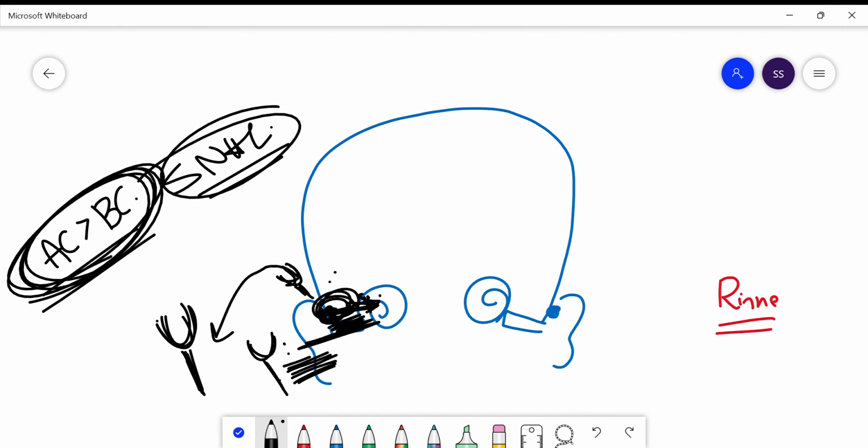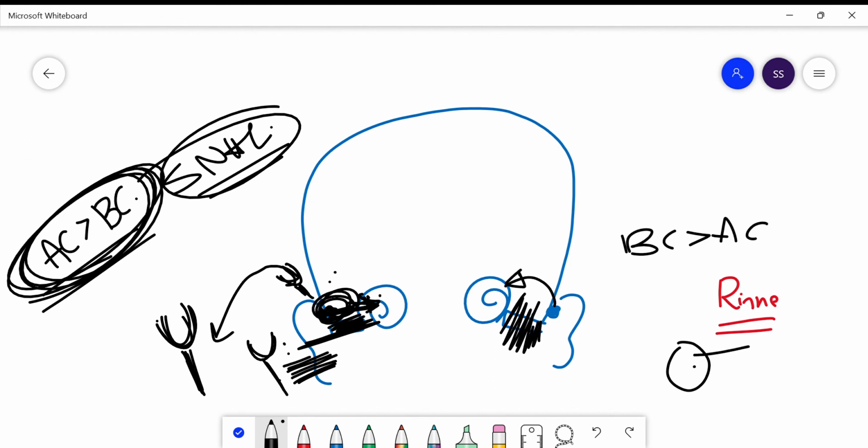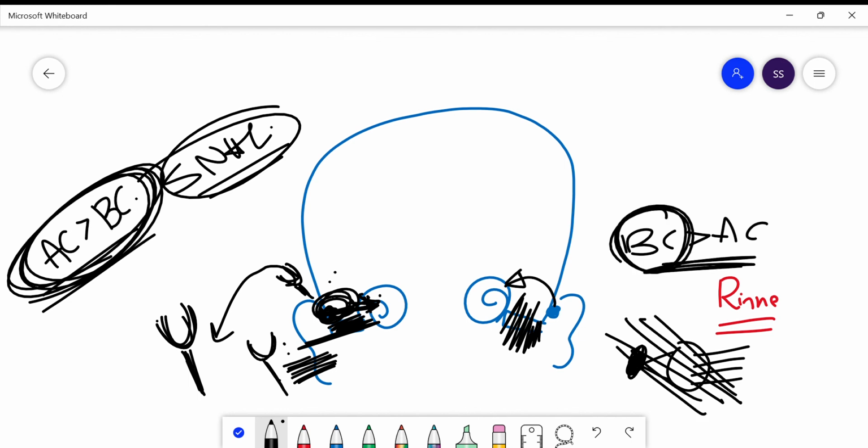But when the person has conductive hearing loss, bone conduction is going to be better, and air conduction is going to be not so good, and that effect of the sound waves hitting the tympanic membrane and then concentrating everything onto the oval window is gone, right? So bone conduction is going to be better than air conduction in conductive hearing loss. In both normal and sensorineural hearing loss, we're going to have air conduction more than bone conduction.